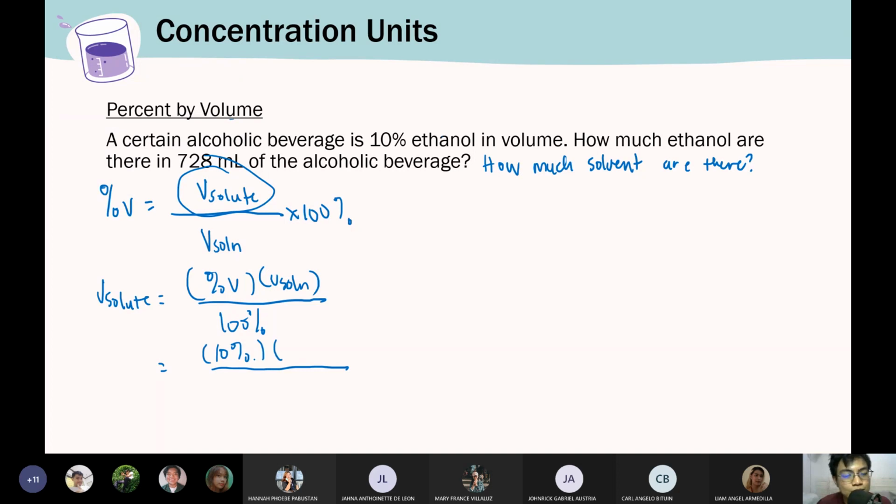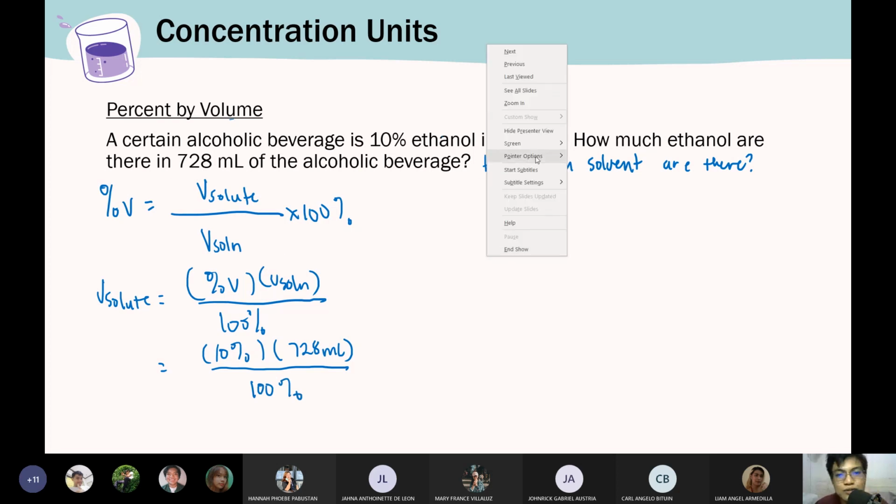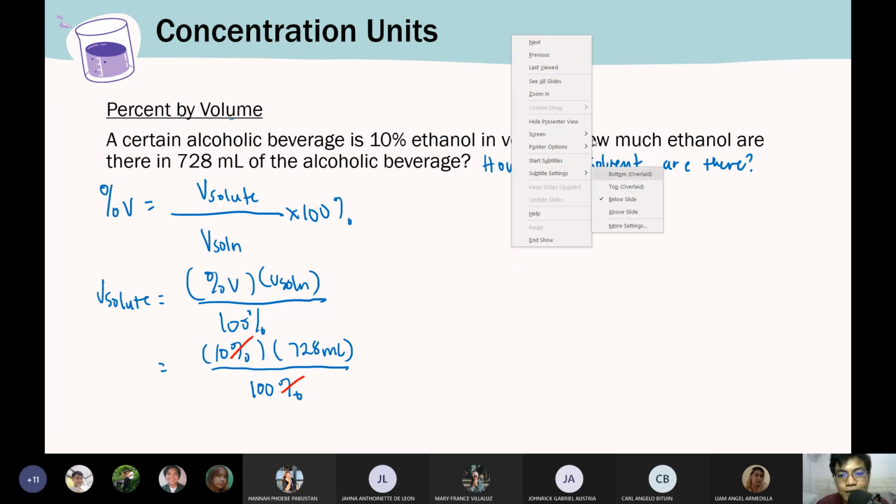Volume of the solution, ano kayang volume? Ayan, 728 ml. Okay? 728 ml divided by 100%. And just as I said earlier, the percentage serves as our unit lang. So it's not literally the percent. Para lang siyang unit that we can cancel out.